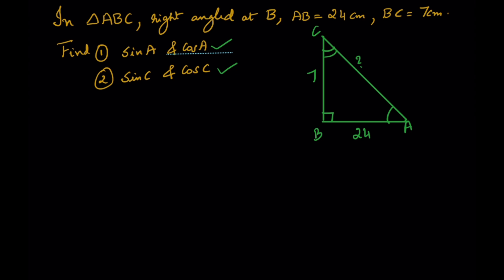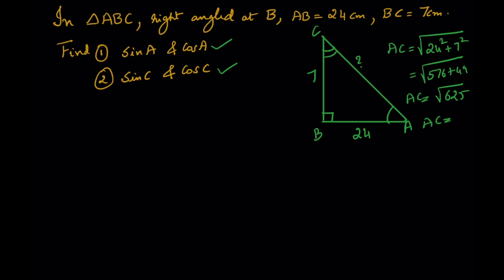So let's start with finding the hypotenuse using the Pythagoras theorem. So in this case, AC is nothing but square root of 24 square plus 7 square, which is 576 plus 49, which is square root of 625.